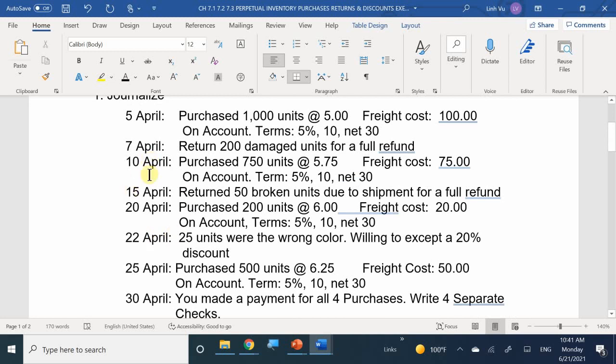Then April 10, we purchased another 750 units at $5.75 each, with the freight costing $75 on an account. Terms were 5%, 10, net 30.